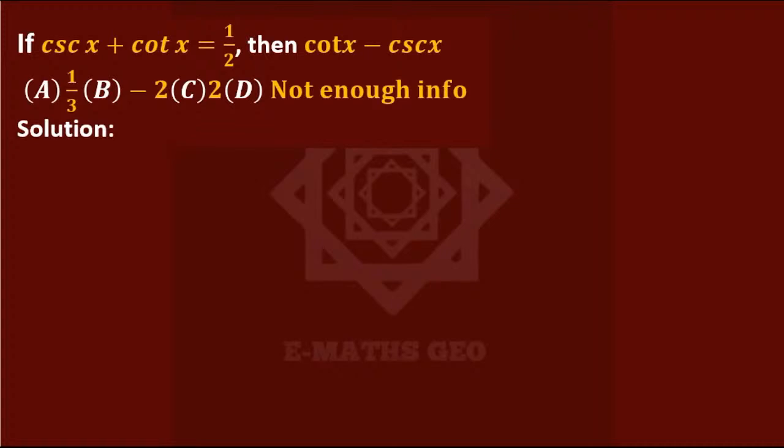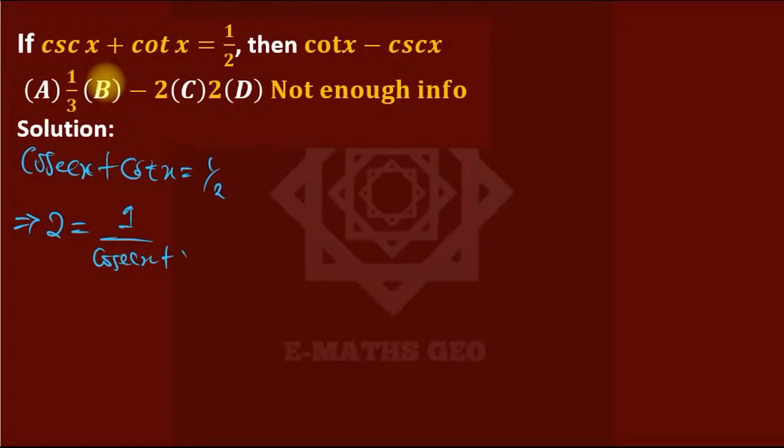Okay, we are asked: if cosec x plus cot x is equal to half, find cot x minus cosec x. First of all, we are given that cosec x plus cot x is half. We can still write this as 2 is equal to 1 over cosec x plus cot x, yes.